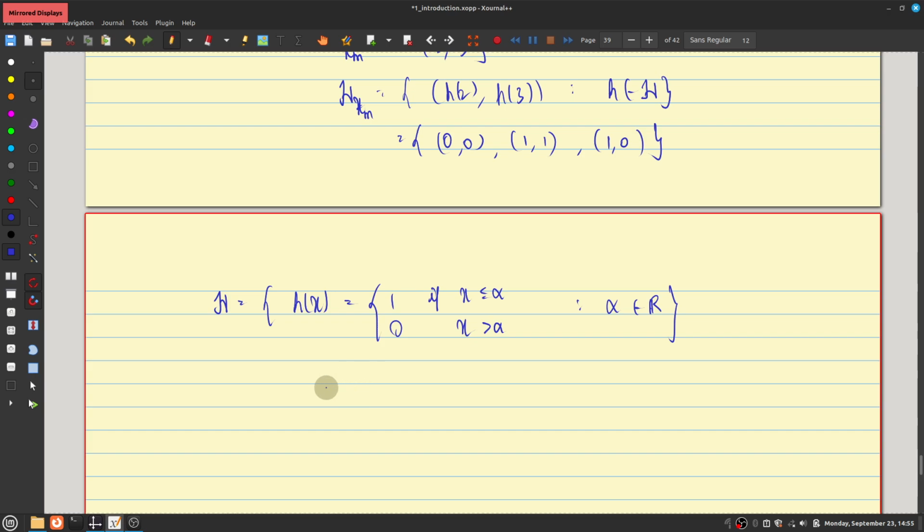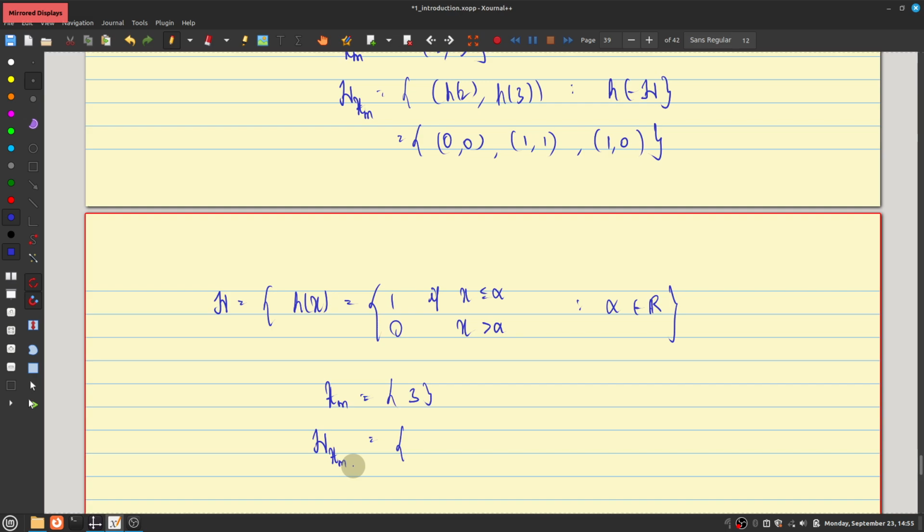Let's take one more example. Let's take X_m to be just the set, say {3}, one element. Is there some particular alpha for which h(X_m), or h of 3, is equal to 0?